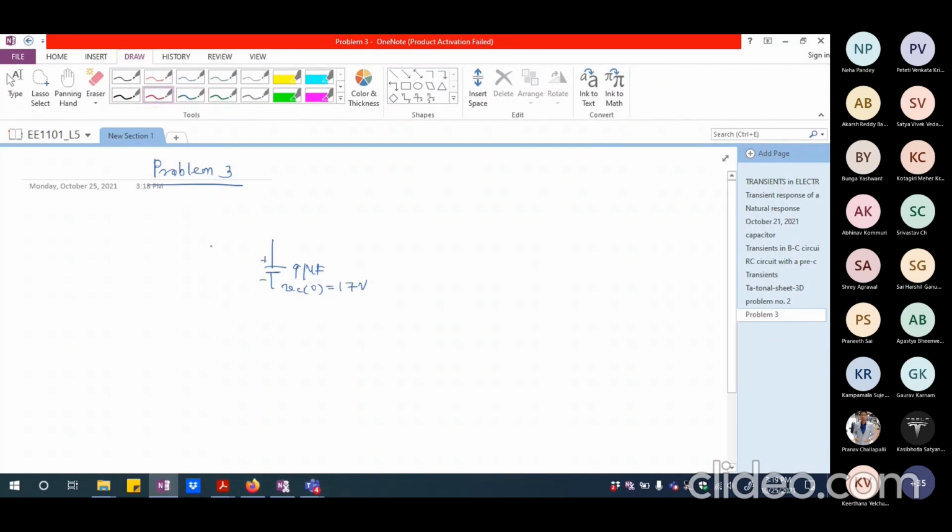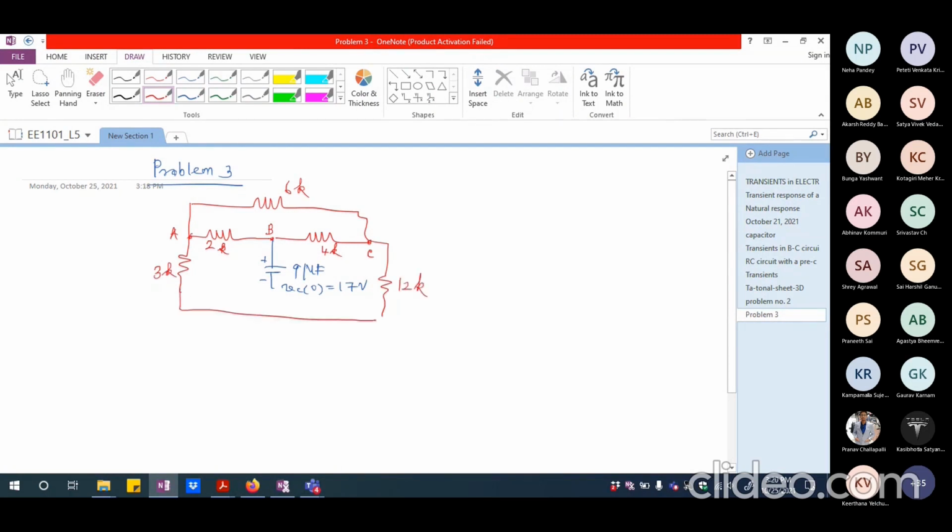And if I look at the rest of the circuit, I'm going to have a 2 kilo ohm here, and this is going to be B. And this is going to be 4 kilo ohm, and this is C. And this is 6 kilo ohm, and this point is A. And this is 3 kilo ohm, and this is 12 kilo ohm.